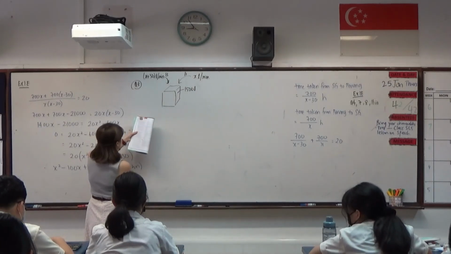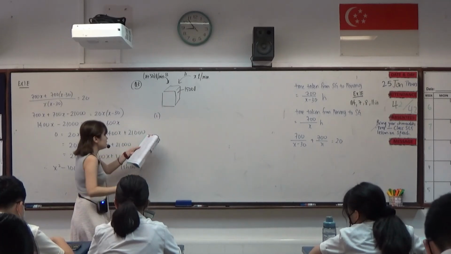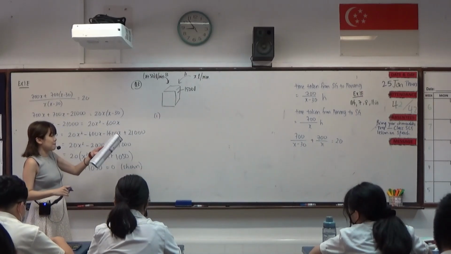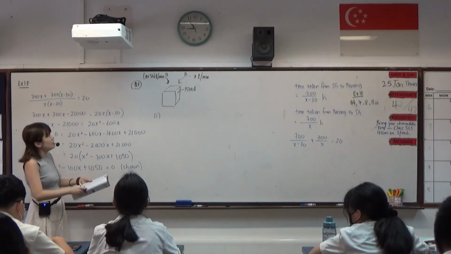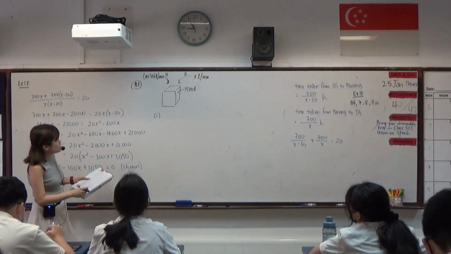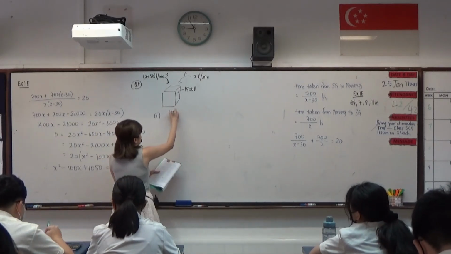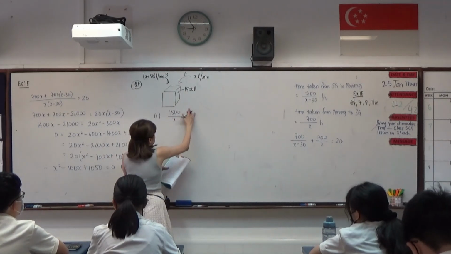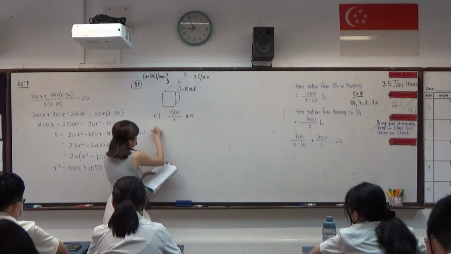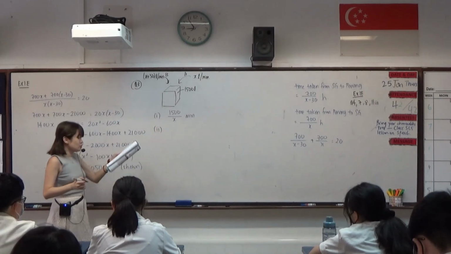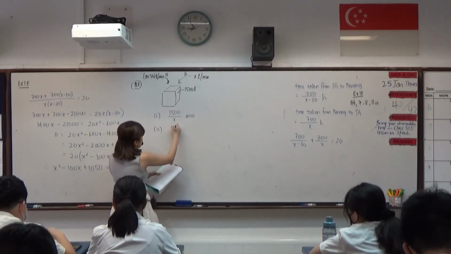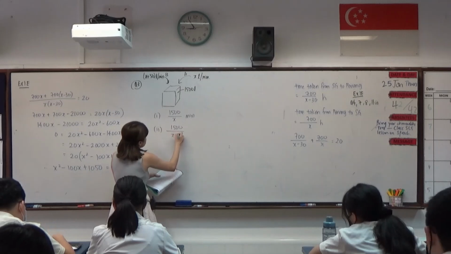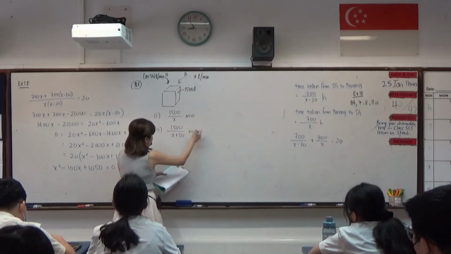So in part 1, to determine the number of minutes it takes for pump A to fill the tank completely, we will take 1,500 divided by x minutes. And then for part 2, we will be able to do so in 1,500 divided by x plus 50 minutes.